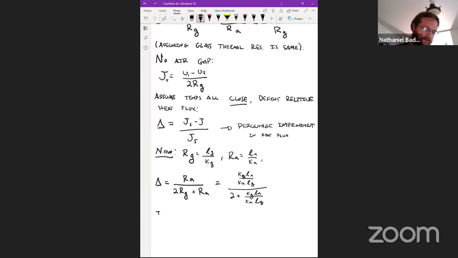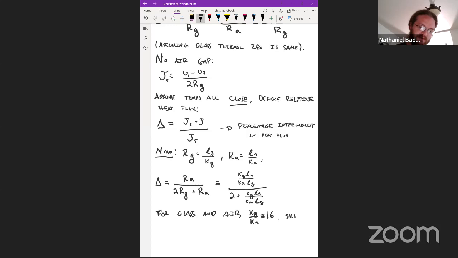So it turns out for glass and air at standard temperatures, Kg over Ka is about 16. So glass is about 16 times more conductive than air. So the thermal conductivity of glass is about 16 times that of air.